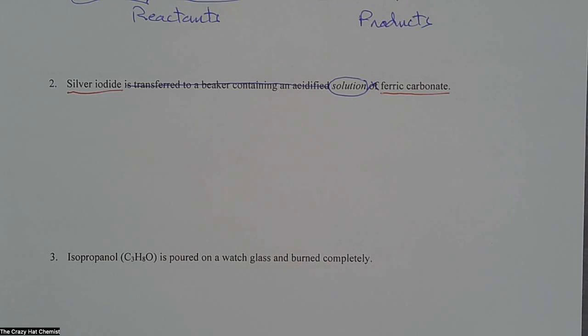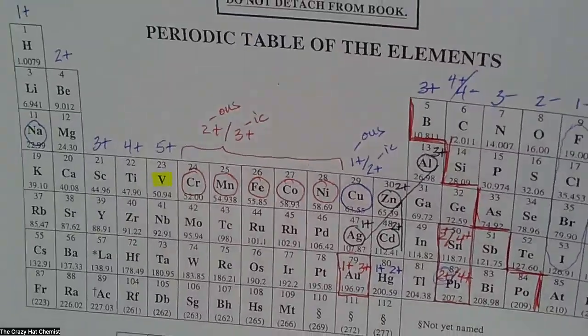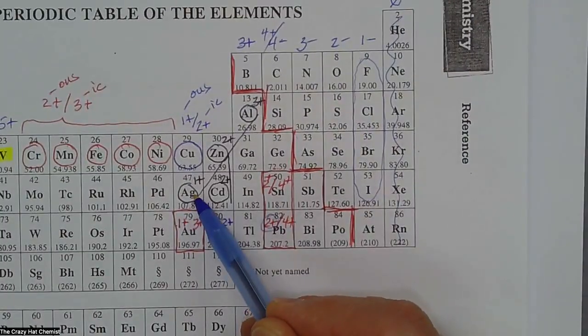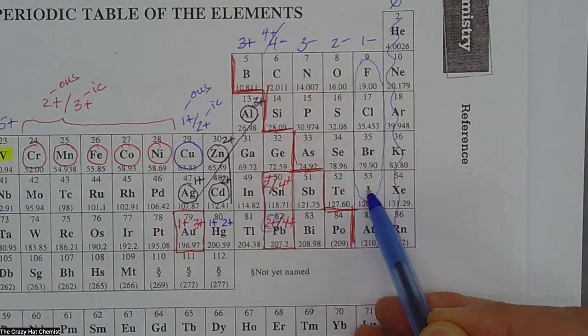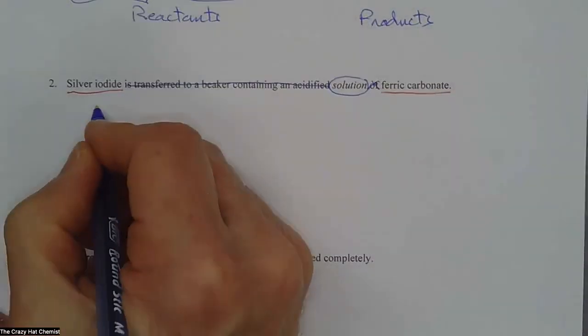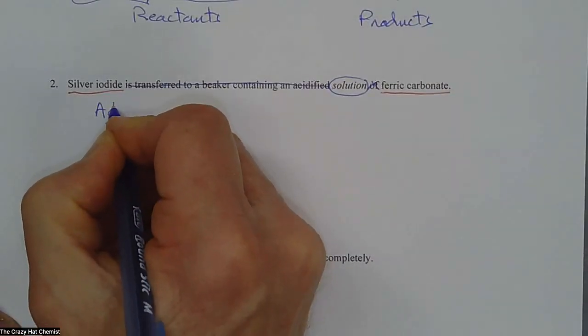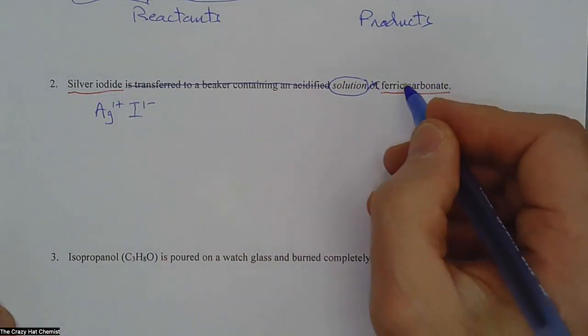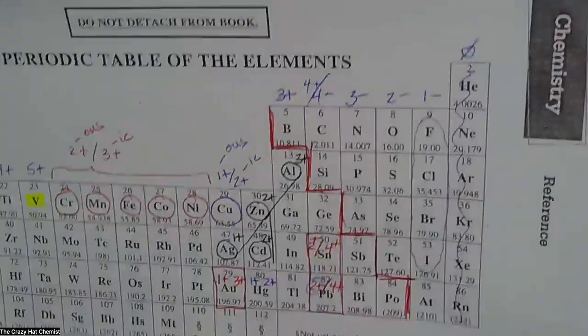So silver iodide, this is a periodic trend, and silver is right here. It's a +1 charge. Iodide is a halide ion. That's a -1 charge. So I'm going to write that down. That's Ag 1+, I 1-. And then I'm going to find ferric. Notice that it has the -ic ending.